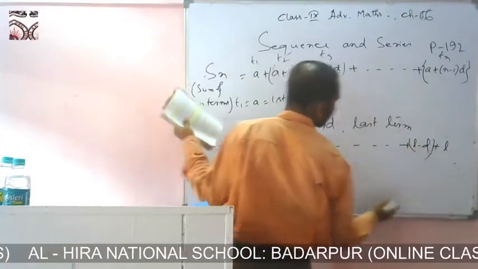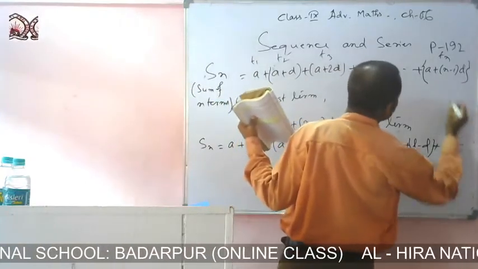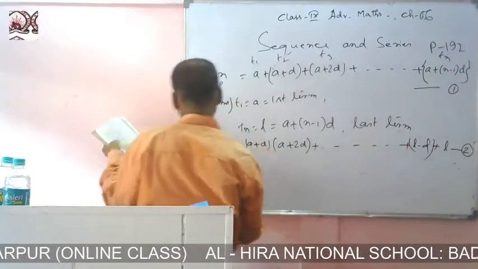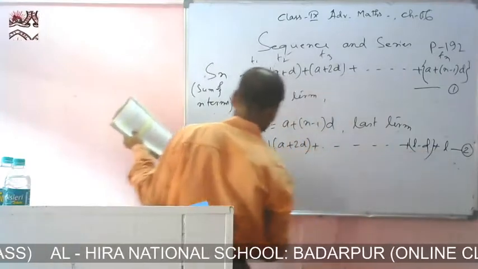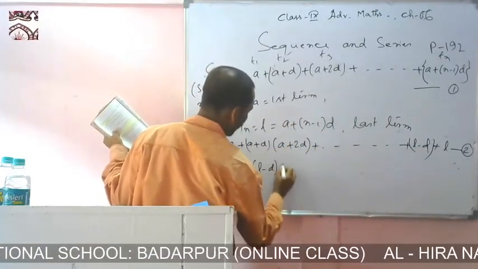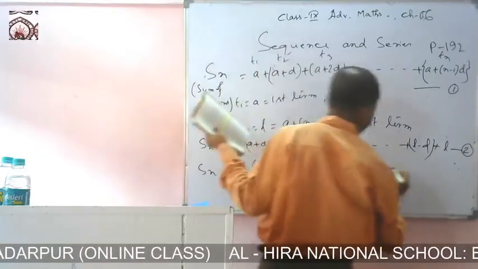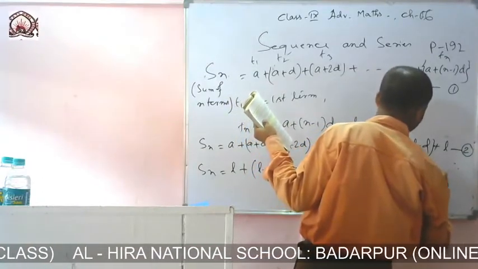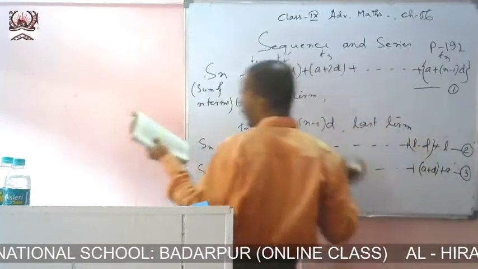So this one, let us call it equation 1, and this one is 2. Now if I reverse and write L first, then L minus d, then L minus twice d, and lastly this one will be a plus d, and this one will be a. This one we can call 3.